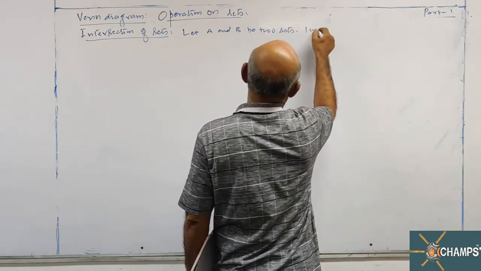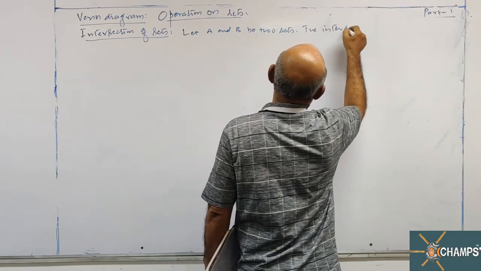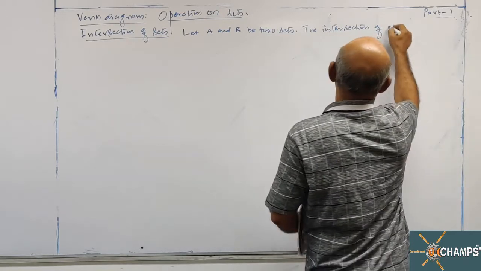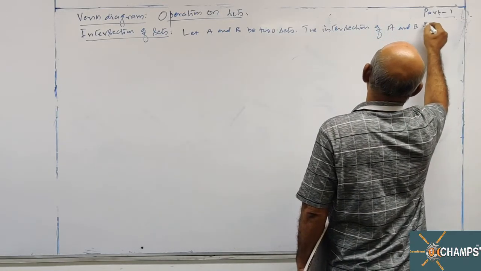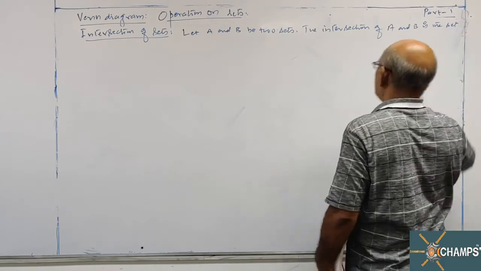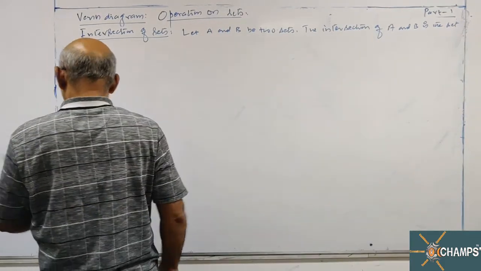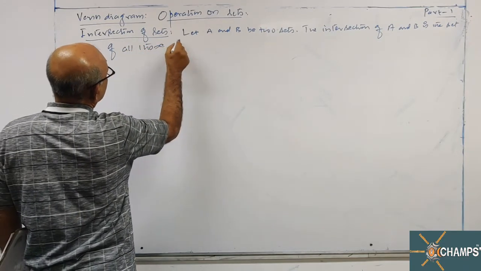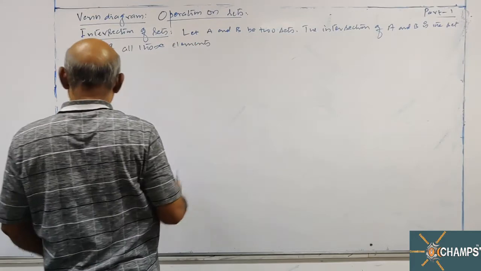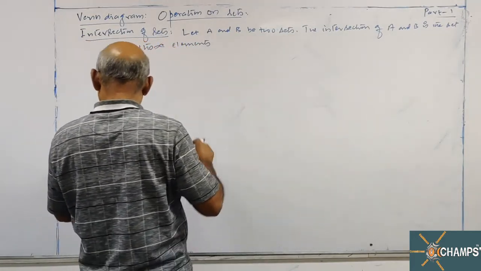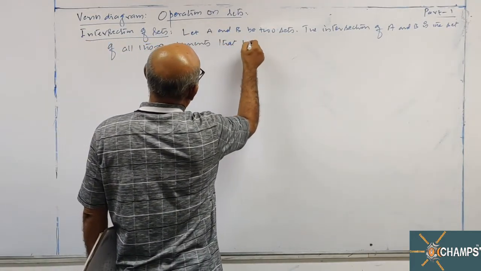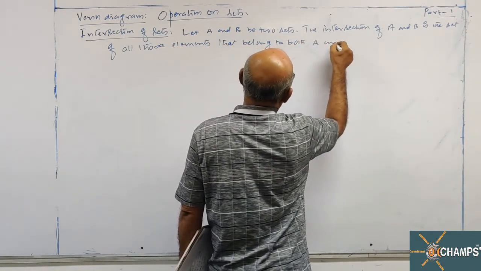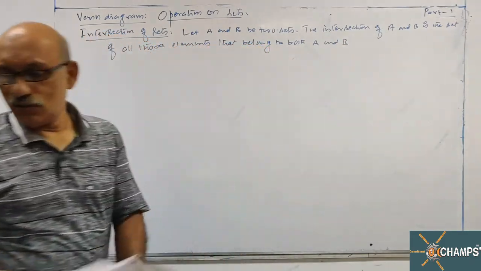The intersection of A and B is the set of all those elements that belong to both A and B.